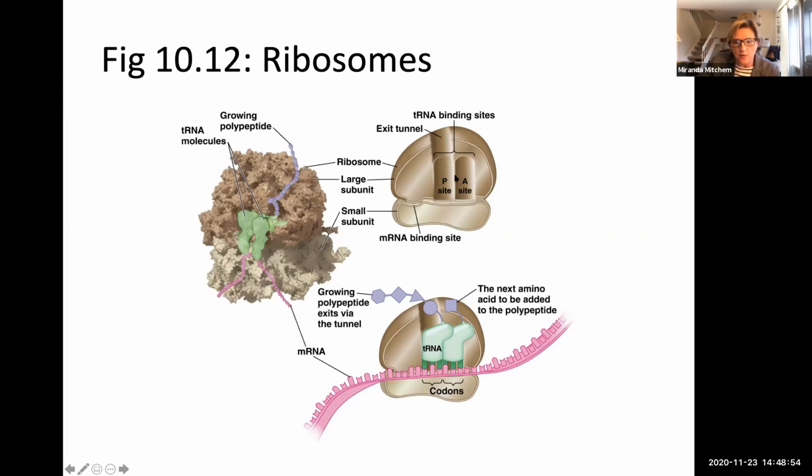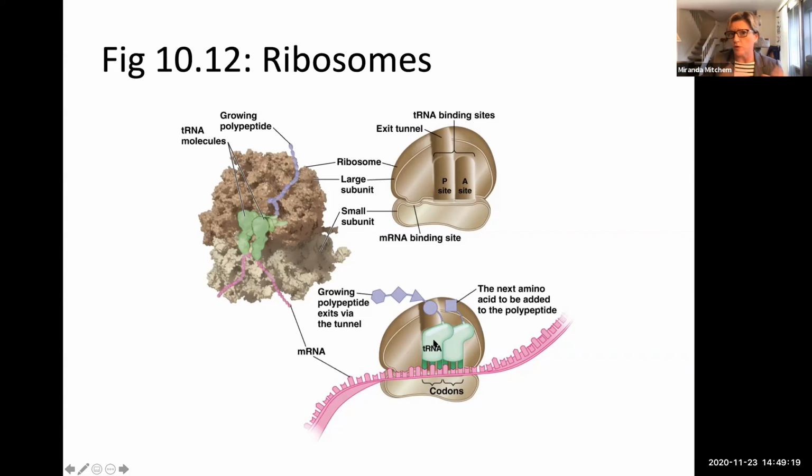And then there are actually 3 binding sites. Your book keeps it simplified, but there are 3 binding sites in the ribosome. I'm not going to ask you what the A site and the P site do. I'm more interested that you understand and can apply the process of translation. So these are places where the transfer RNA molecules come, and they're there.